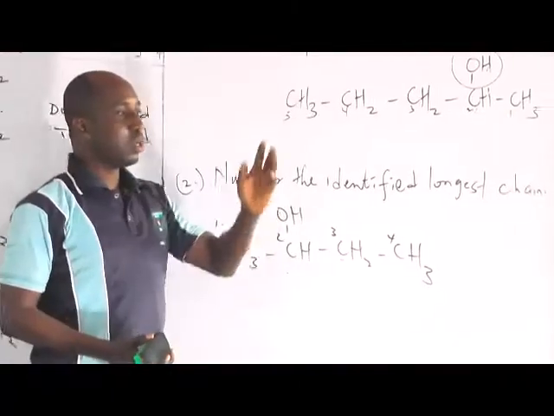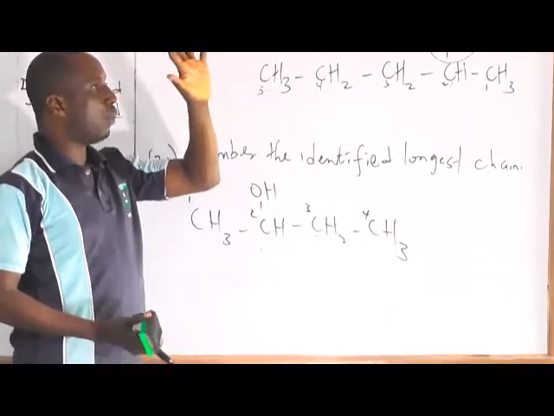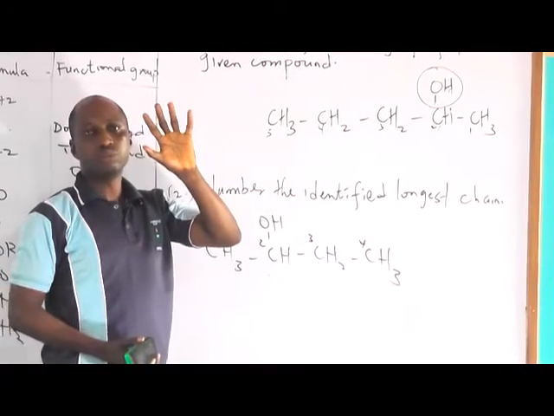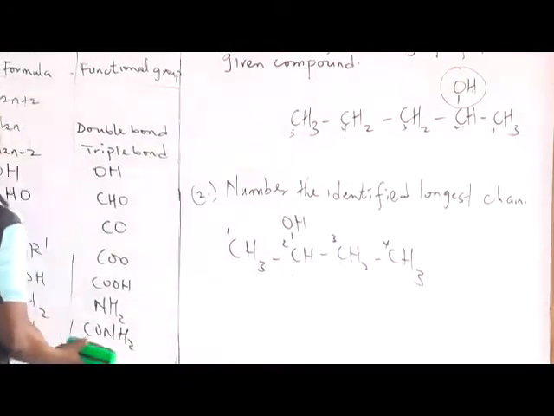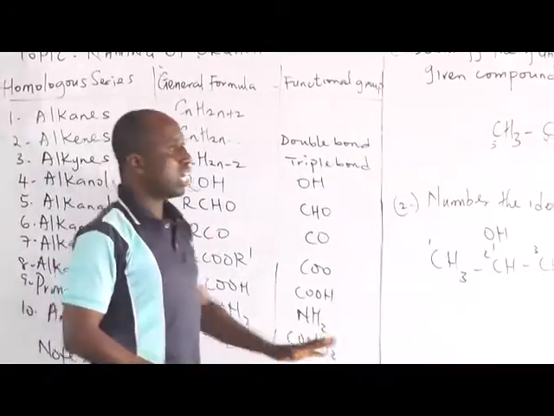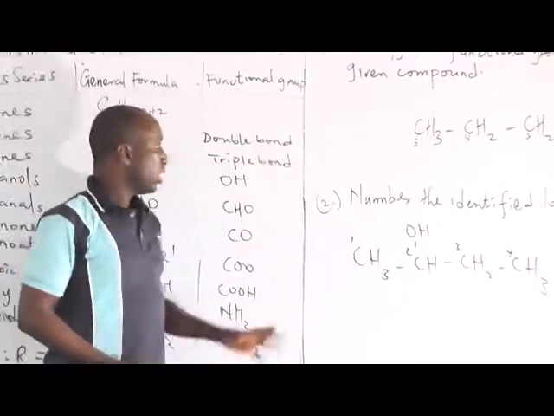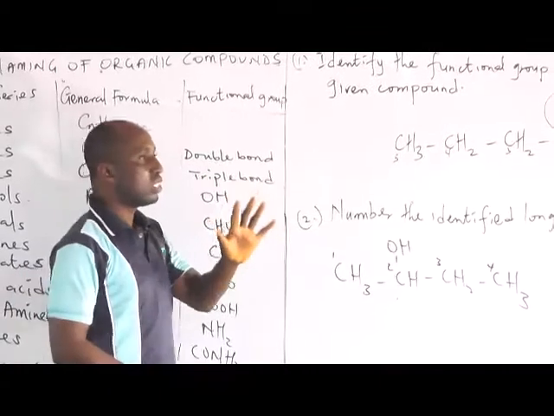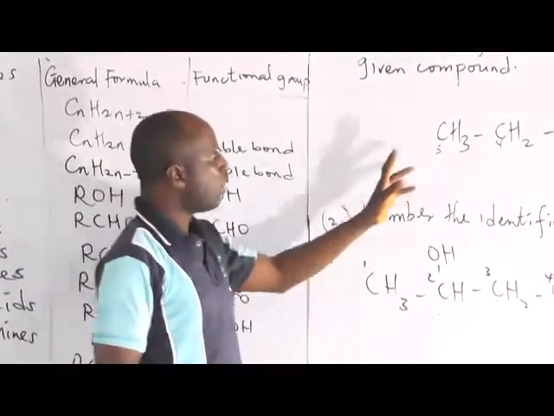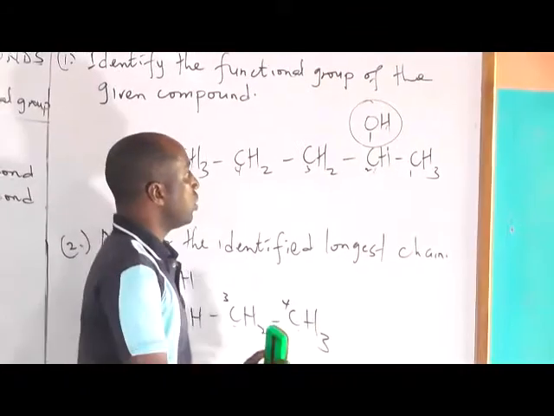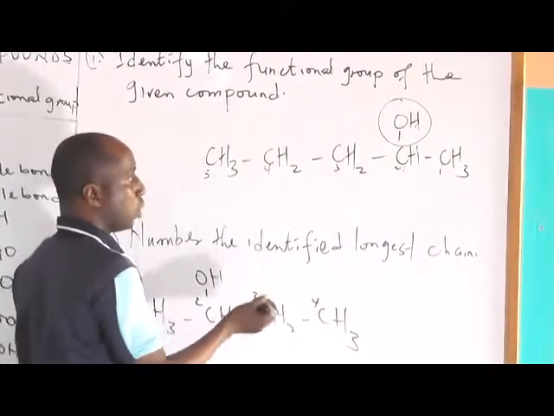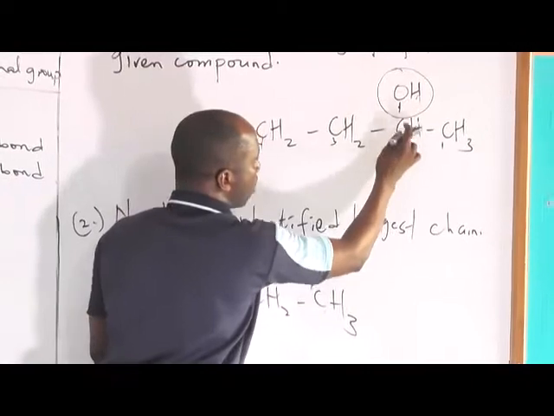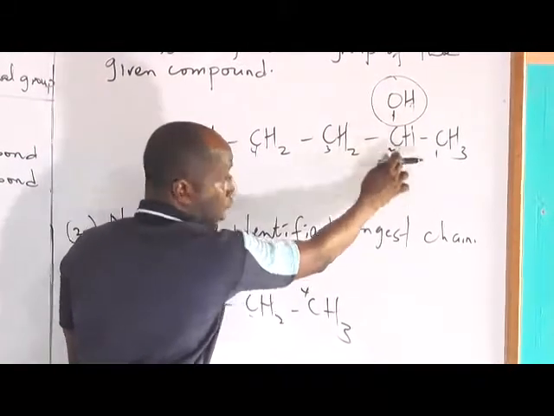Then you have been told when you have 5 carbon in an alkanol, that is pentanol. If it is an alkene now, you have 5 carbon, that is pentene. If it is alkane now, you have 5 carbon, that is pentane. Now having 5 carbon here means that this one is a pentanol. But what type of pentanol? This attachment will tell us this OH is attached to carbon number 2.